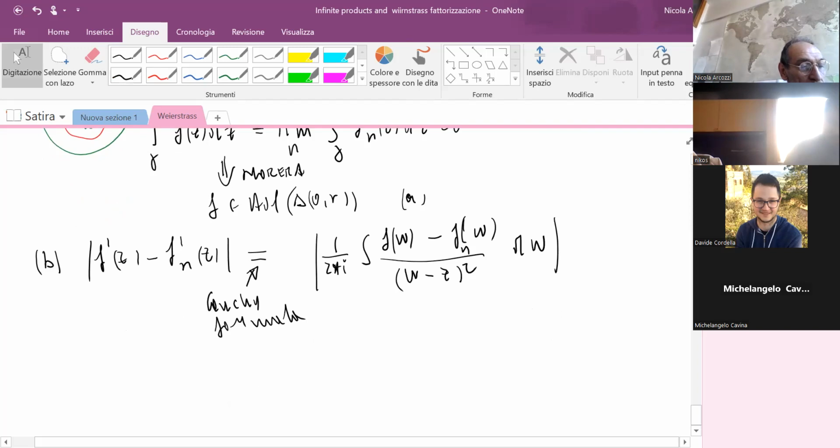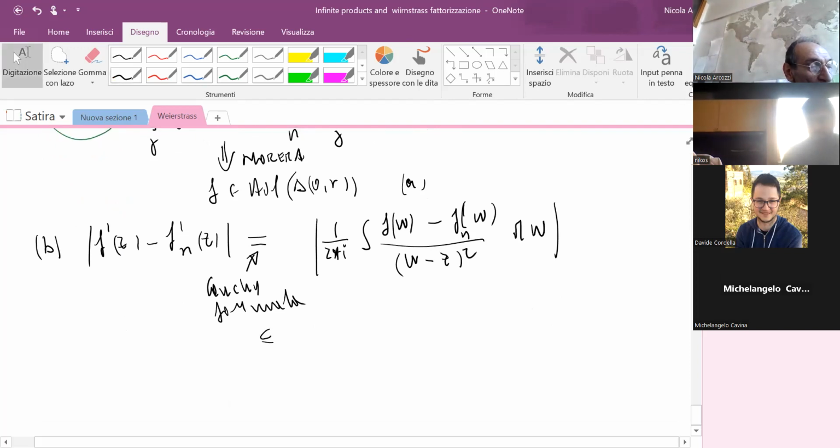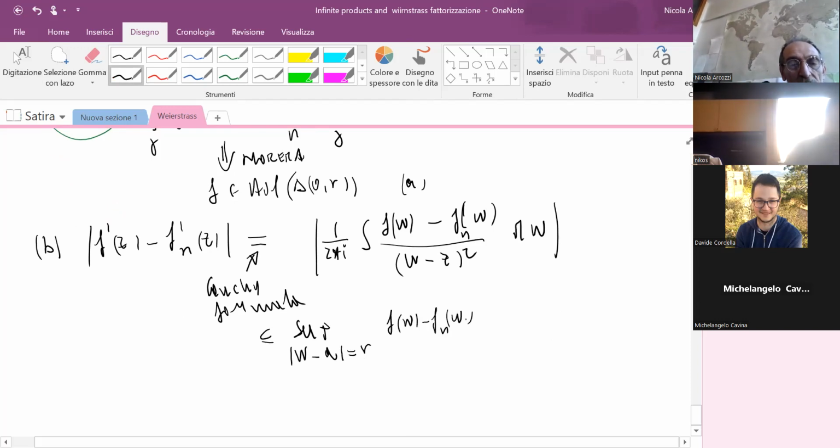That's less or equal, taking the supremum for w minus a equal to r of f of w minus fn of w, but this goes to 0, and everything else is 2 pi r over pi.